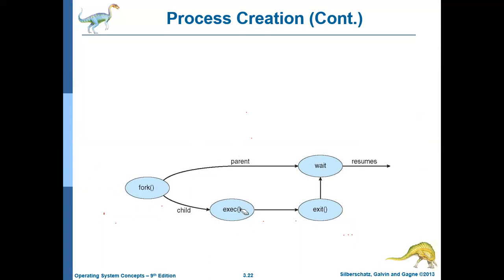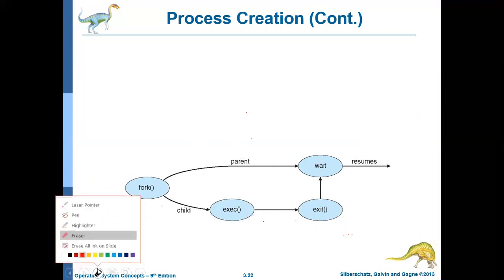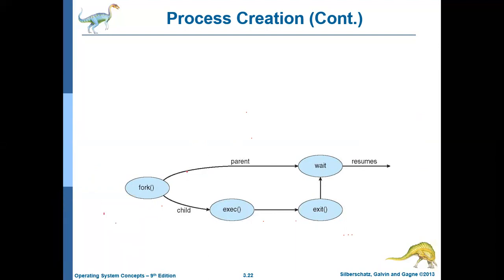Once the child completes its activity, it will perform exit, that is, it will terminate. The parent may also perform its activity, and normally the parent will wait for the child to complete. There is a statement to perform that wait. Once the child has finished, then the parent will finish.